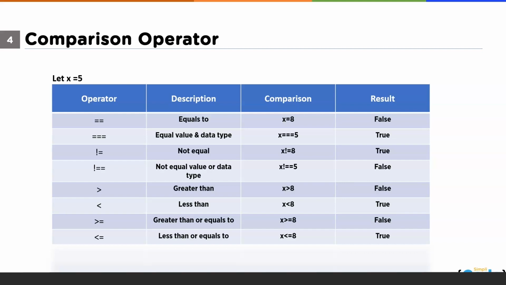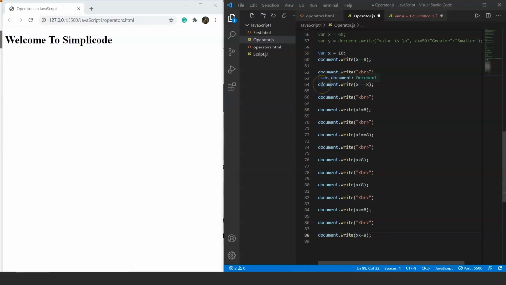If you want to compare two values, you have to use double equals to, because single equals to is used to assign values. So let's move on to the programming part now. Here you can see I have taken a variable x and the value assigned to x is 10. This code seems a little bit longer to you, but it's a simple piece of code.